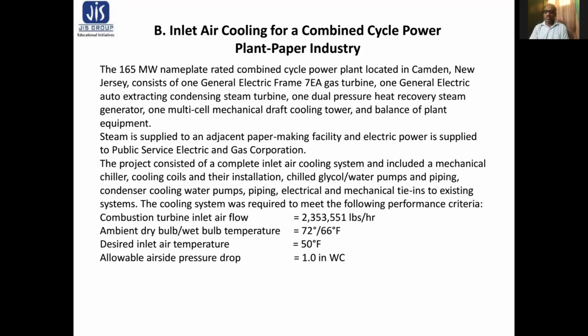The cooling system was required to meet the following performance criteria: conversion of turbine inlet airflow, given as 2,353,551 pounds per hour, ambient dry bulb and wet bulb temperature 72 and 66 degrees Fahrenheit respectively, desired air inlet temperature 50 degrees Fahrenheit, allowable air side pressure drop 1 inch in wet bulb condition.